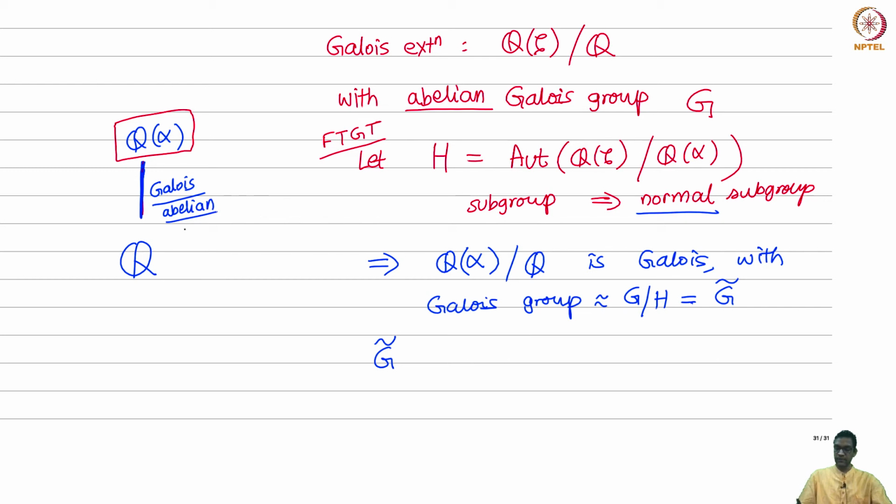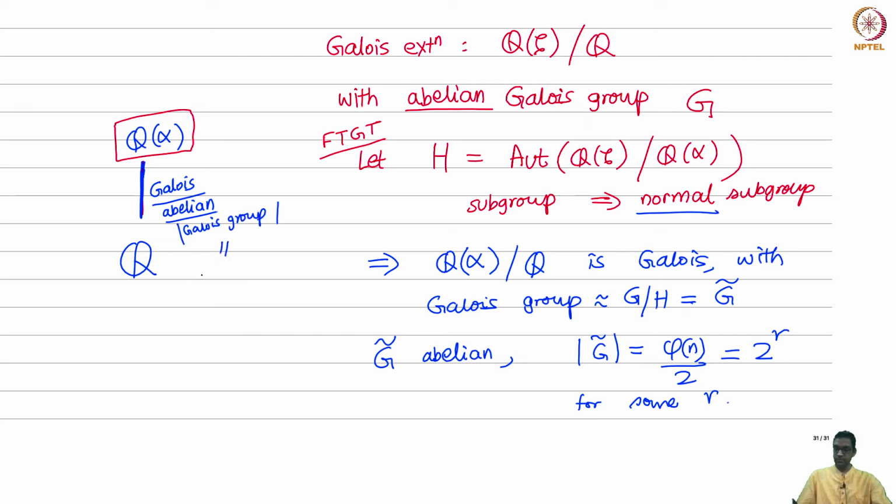And further, the Galois group has cardinality which is a power of 2. The cardinality of G tilde is phi n by 2, so that's also some power of 2. So this is 2 power r for some r. So this is what we know: the Galois group has cardinality a power of 2.